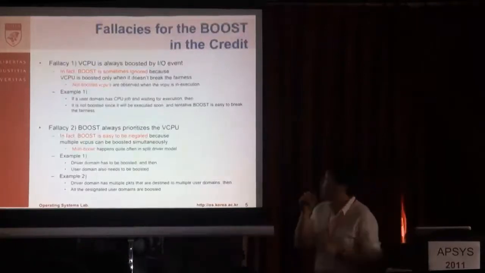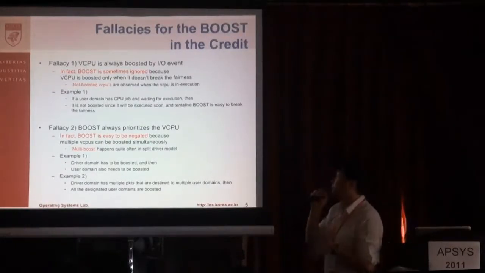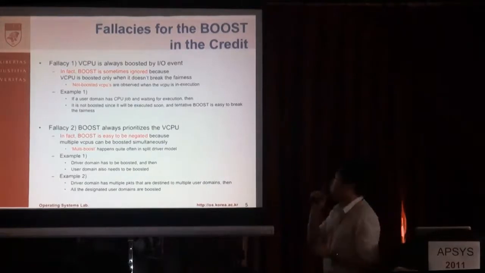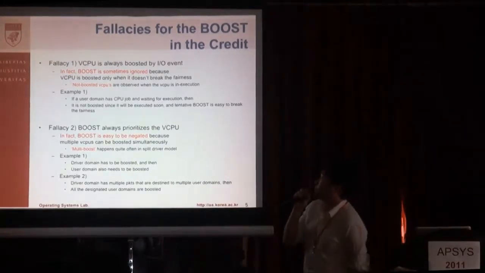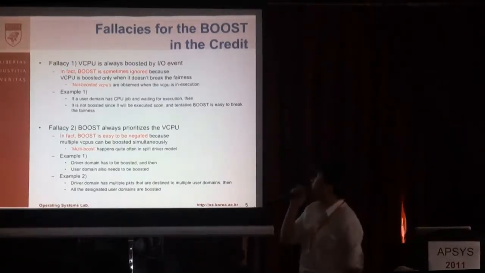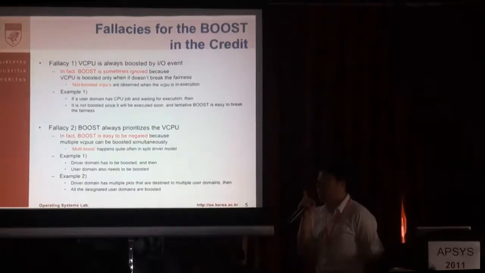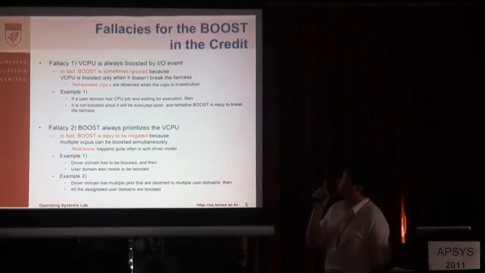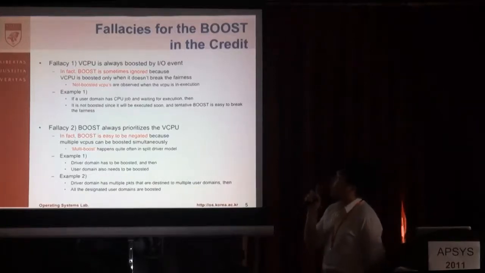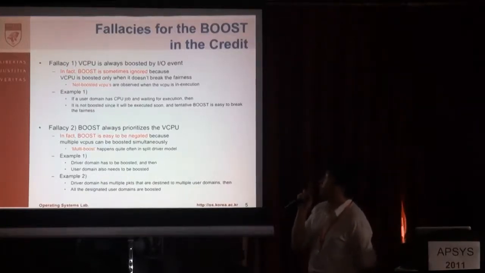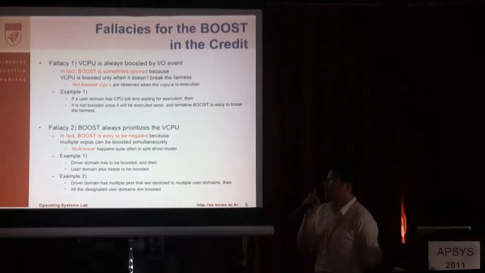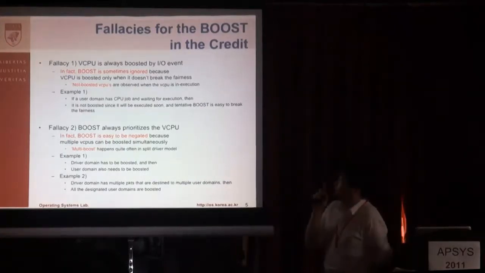However, there are misconceptions about the boost priority. It's commonly understood that a vCPU is always boosted by an I/O event. However, in fact, boost is sometimes ignored because the vCPU is boosted only when it doesn't break fairness. We call that case a not-boosted vCPU.